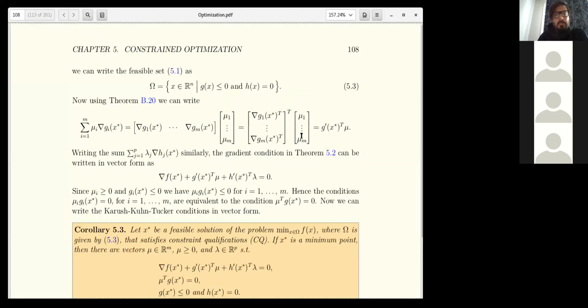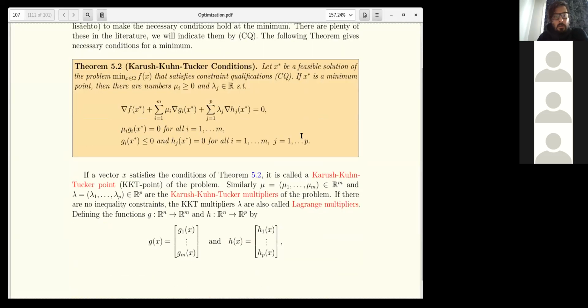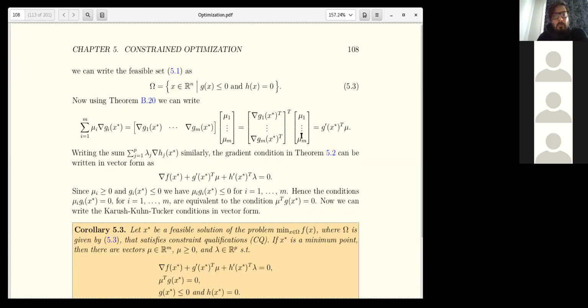Here it's explained fairly easily. Well, not easily, but we can rewrite this in this kind of vector format, so that the gradient condition can be expressed as linear algebra.